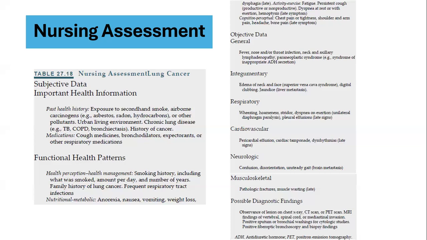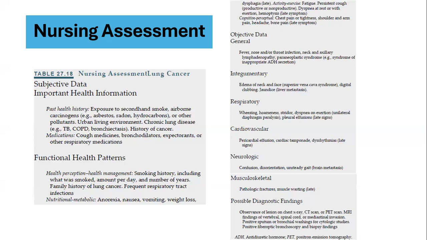After you gather the subjective data, you will make sure of the objective data. In general, you can assess whether the patient has fever, nose or throat infection, and also if the patient has edema of the neck and the face, jaundice, digital clubbing, whether the patient has wheezing, hoarseness, stridor, and a lot of things that you can see in these tables.